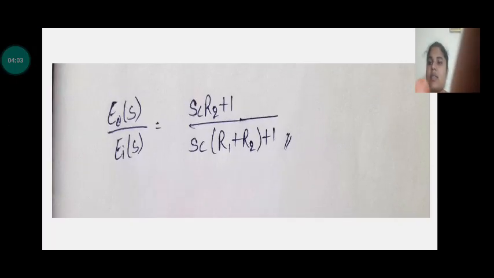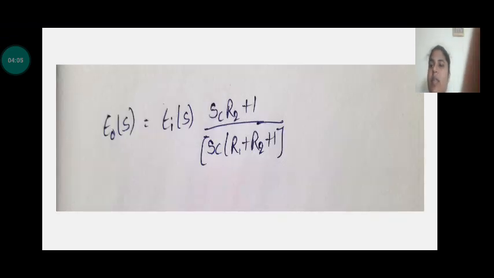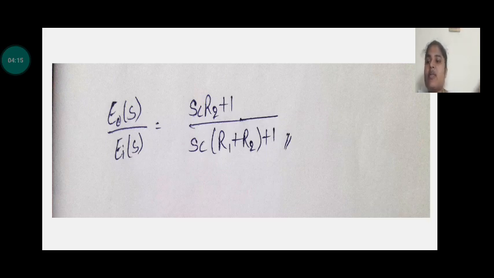Eo(s) equals Ei(s) into (sC R2 plus 1) by (sC into (R1 plus R2) plus 1). Eo(s) by Ei(s) equals (sC R2 plus 1) by (sC into (R1 plus R2) plus 1).